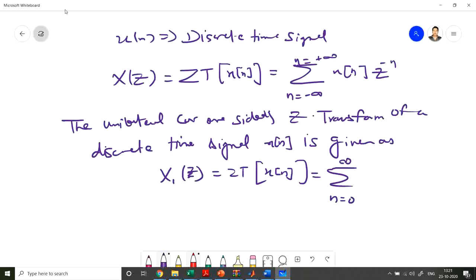That's why I am saying it is unilateral. x[n] z raised to the power minus n.